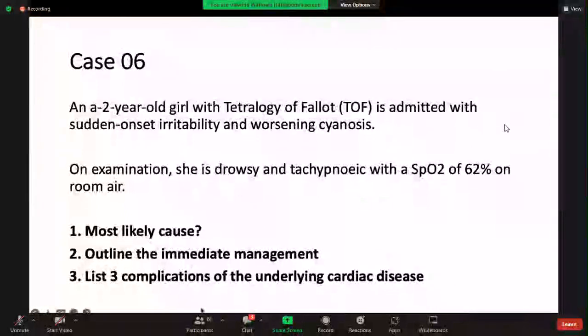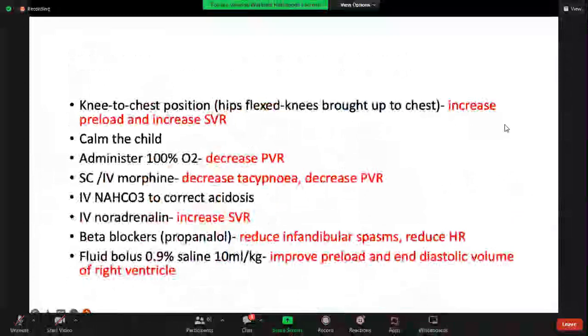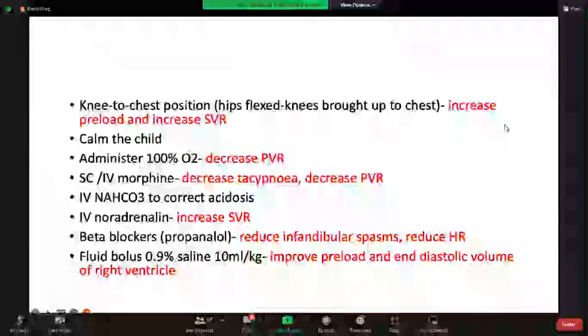What are the complications of cyanotic heart disease? What complications can they develop? They can have a failure to thrive, madam. Okay, good. Recurrent chest infections they can get. In tetralogy of Fallot, will they develop them? Why do they get recurrent chest infections?